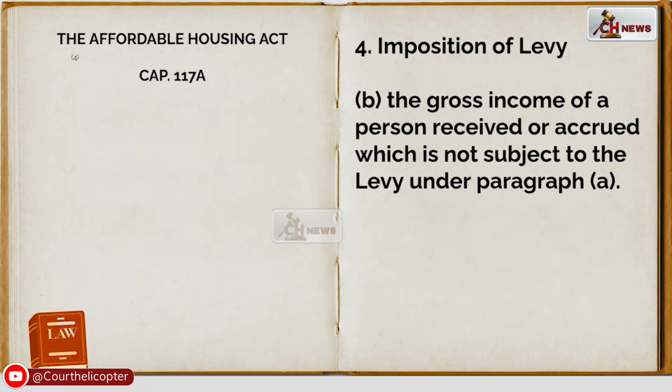It says the gross income of a person received or accrued which is not subject to the levy under that paragraph, that 1.5% of your gross income. The gross income can be monthly, the gross income can be annually.